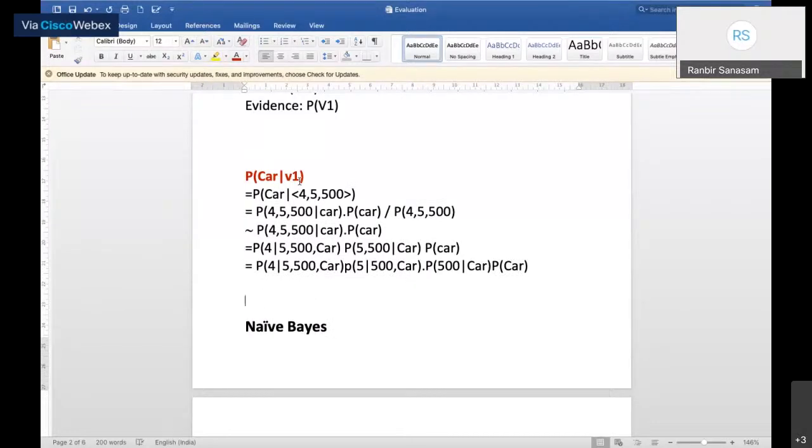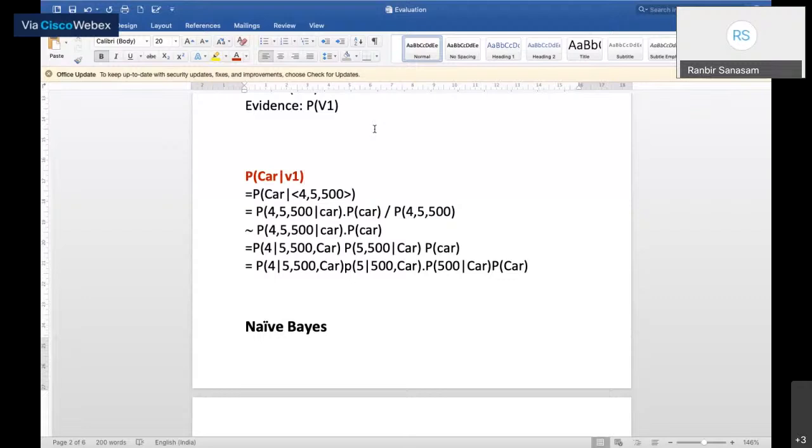So now we need to calculate the probability of getting car given the vehicle V1. As we said, the vehicle should be represented in some form that is understood by my program. My program understands something called the vector space model.